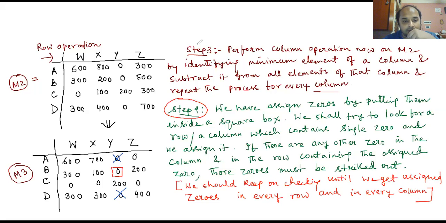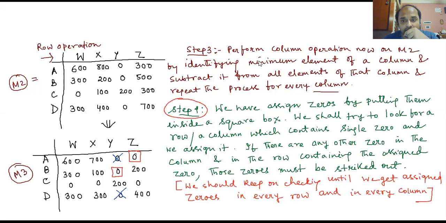Okay. So after this process, I am again going to repeat the process on the rows and the columns. So I am again going to start with the first row. Now you see in the first row, after striking out in the previous step, there is a single zero. This row now contains a single zero. So I'm going to immediately assign it. Now this assigned zero is being contained by this row, and this row has no other zero.